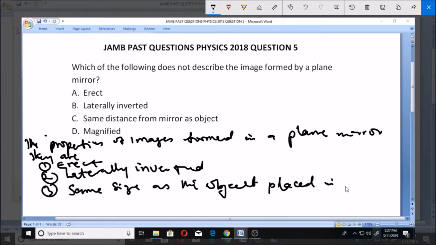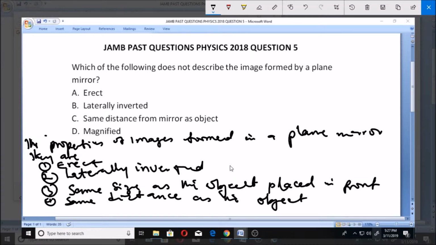Placed in front, that is, they are same size as the object. That's the meaning of that. Then 4, they are also same distance as the object in front, or just object.